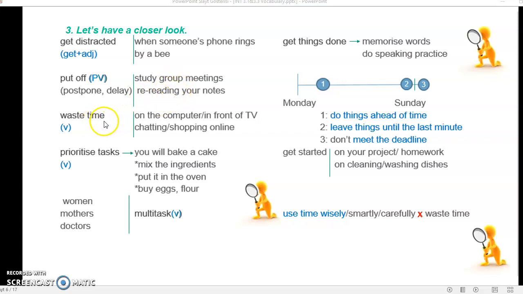Or you can waste time. Where do you waste time? You can give the details like this: on the computer, in front of TV, or if you want to add the action, chatting, ing again, or shopping. One more thing here, get started on something, a noun, or get started on action, verb ing.